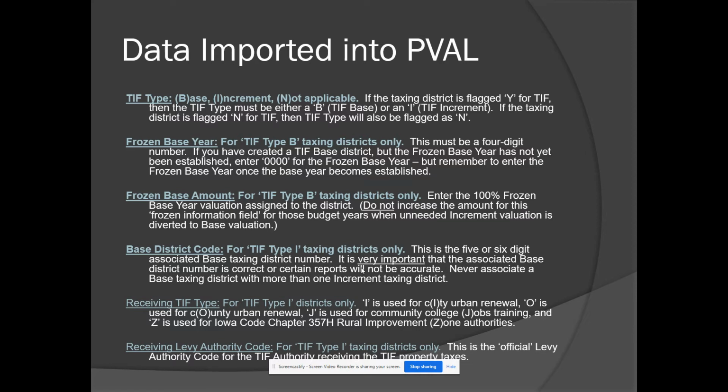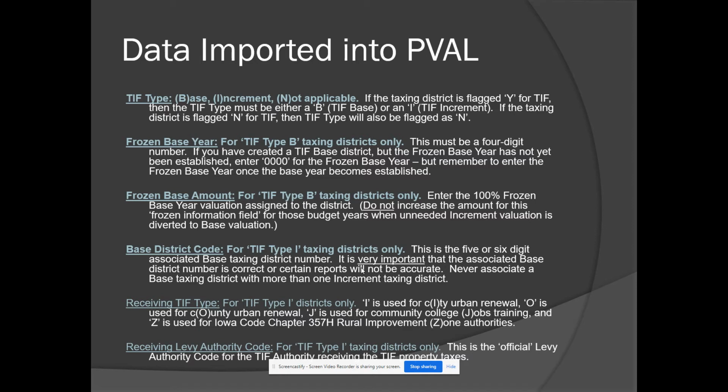For TIF type increment, that's sort of tying together the base district to the increment. So in your increment district, you're going to be reporting what is the base district that's tied to that increment district. And again, never associate a base district with more than one increment district. So it's a one-to-one relationship.